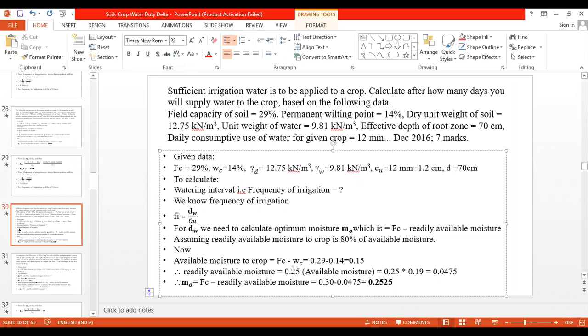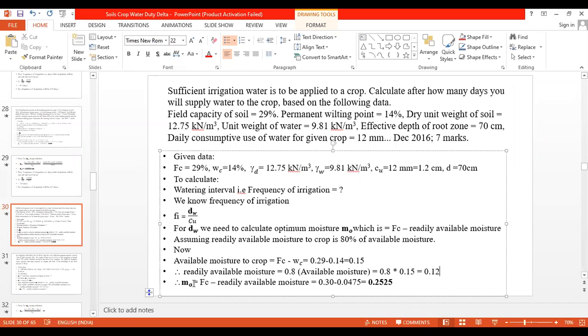So readily available moisture is 80%, that is 0.8, into available moisture. So 0.8 into 0.15 gives us 0.12. This is the magnitude that we can consider as the readily available moisture. It is only 12%. Okay, means out of that 15% available moisture, readily available is only 12%.